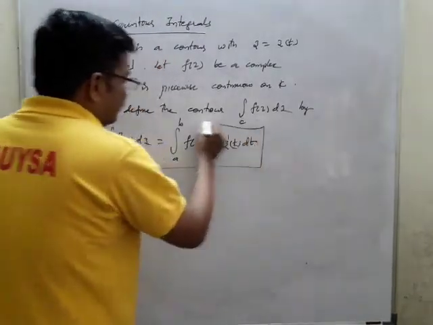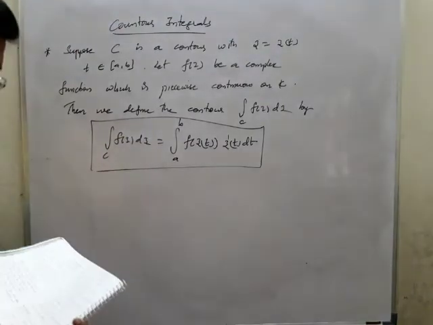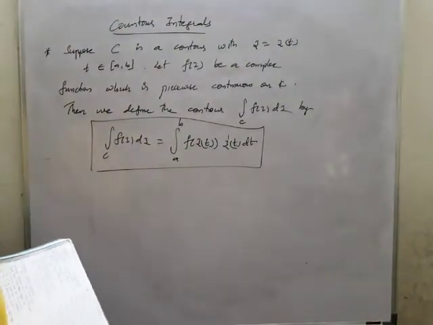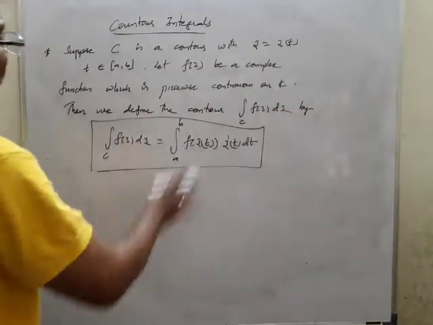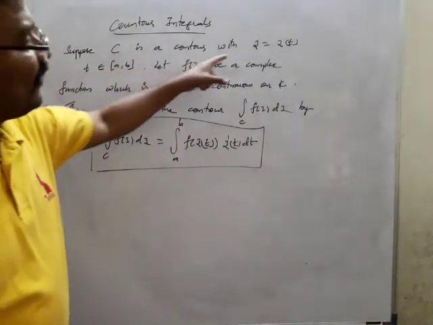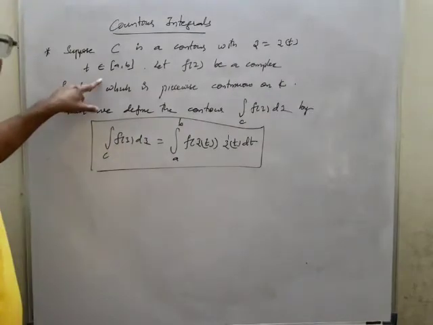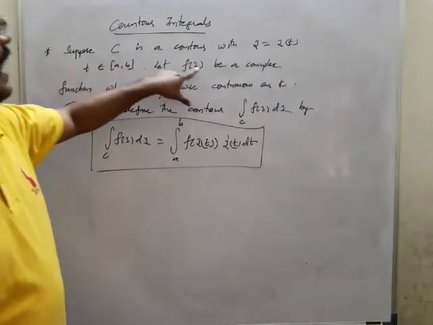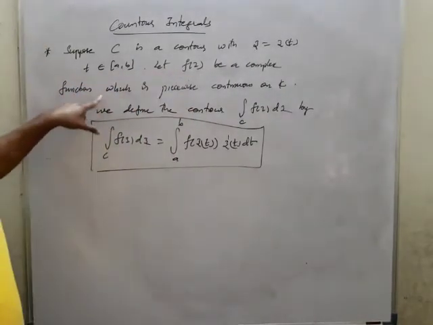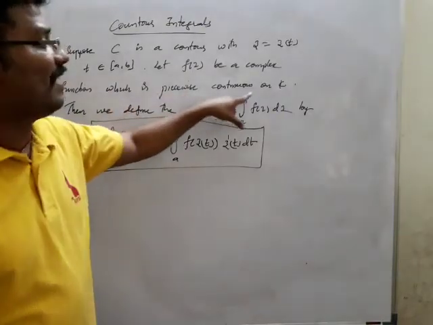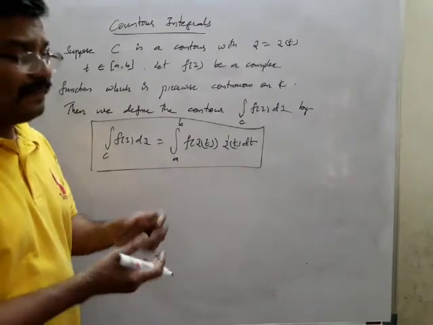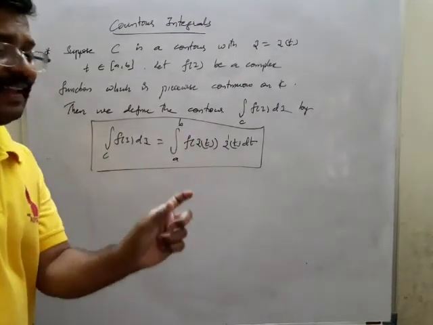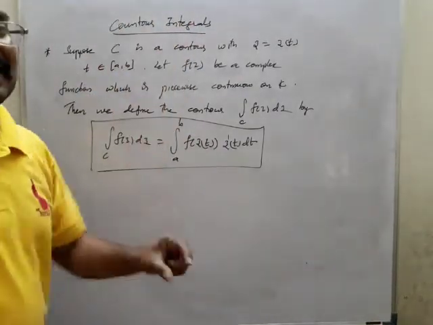Now this is the formula so that we are able to find the answer to any problem given in this form. This is the theorem: when C is a contour with z equal to z of t, t in [a, b], and f of z is a complex function which is piecewise continuous on C, meaning the contour joins finitely many regular arcs such that we get a curve.